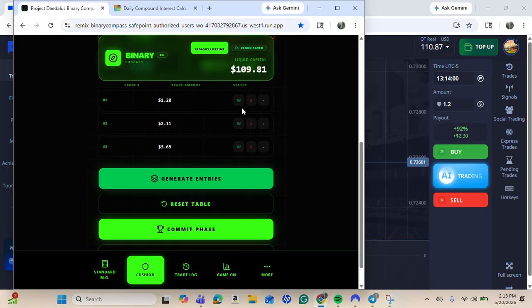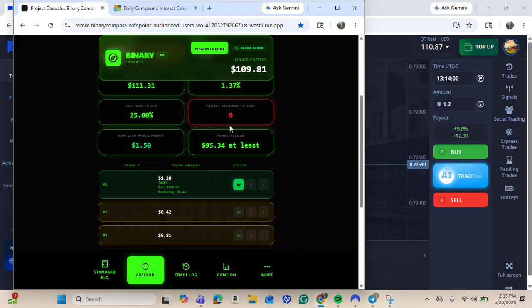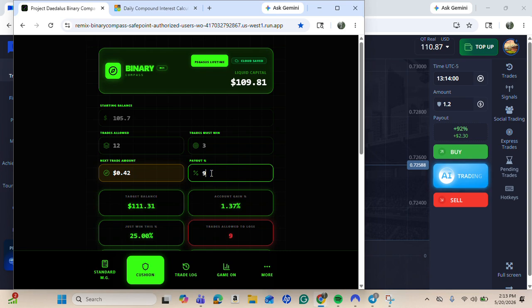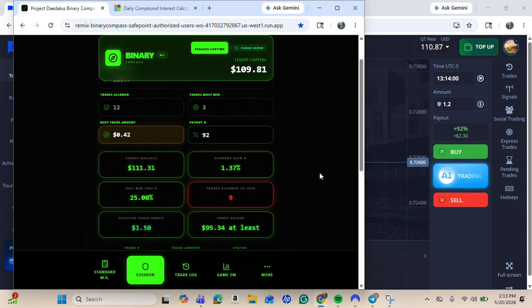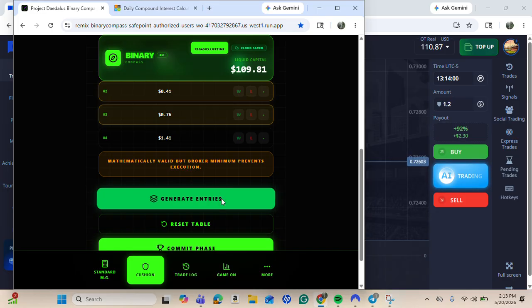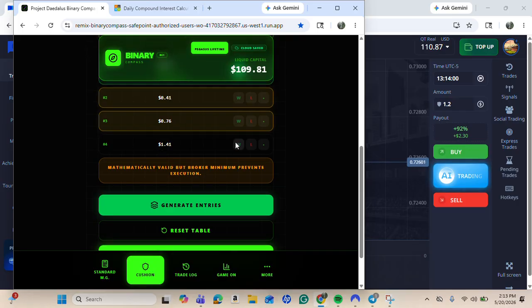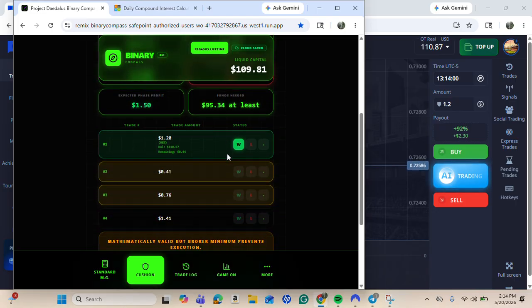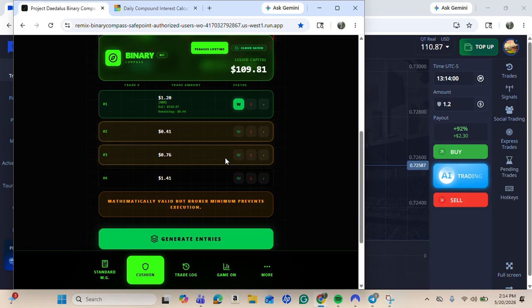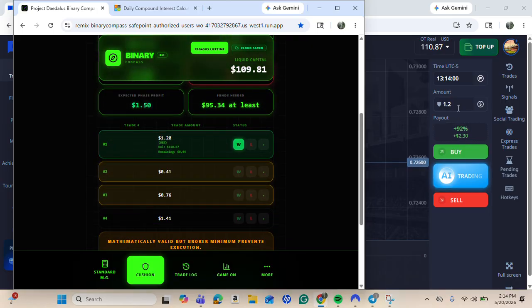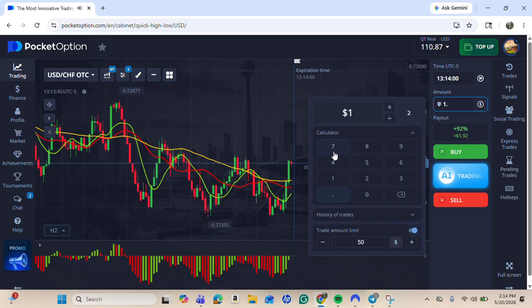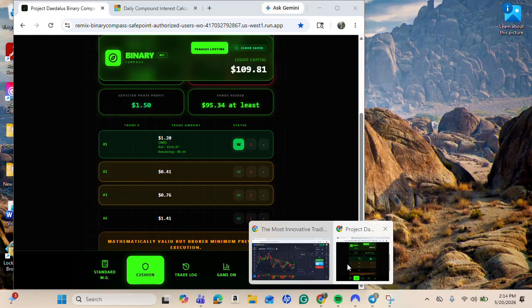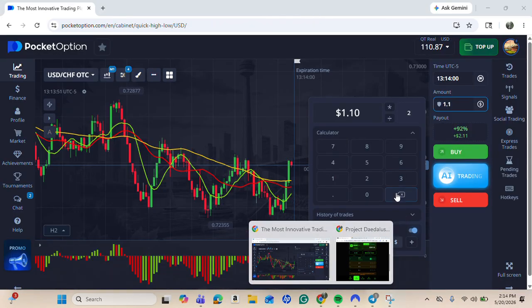Generate entry. Win on this one. Now I'm going to change it to 92%, because I win. Generate entry. So now I can't trade these. I've got to trade one to get my total to this much money. So I want to take one more trade and then be done. One more trade, one more win, and I'll be done.